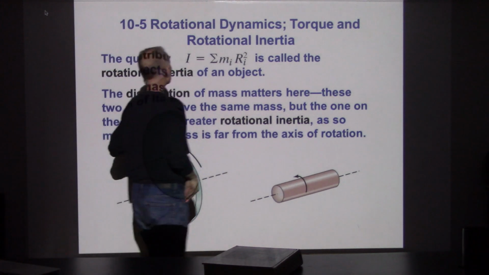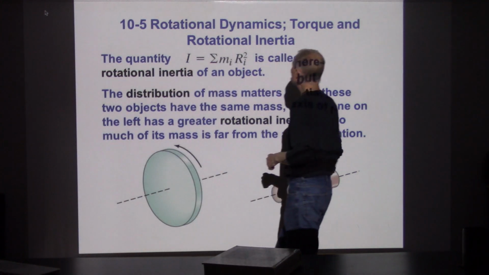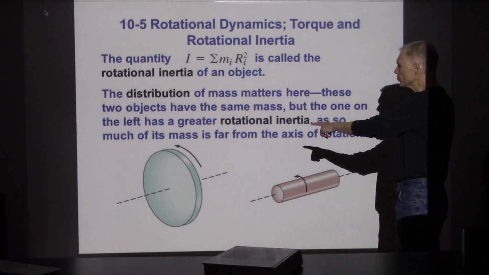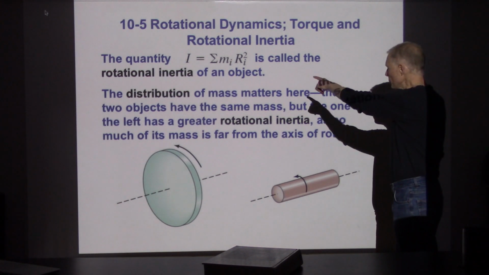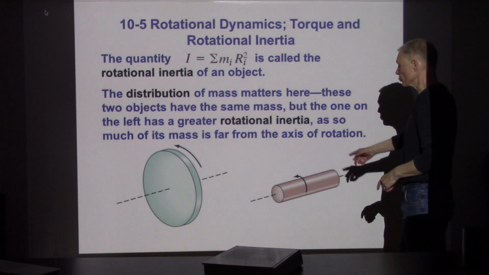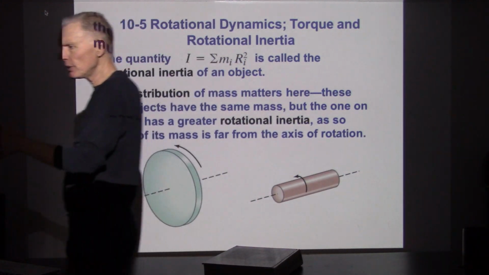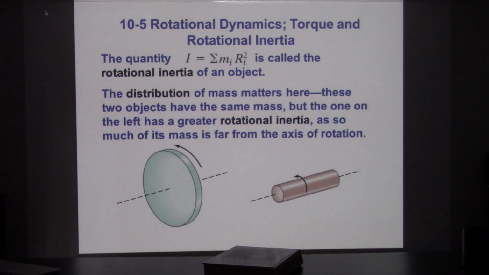Now what we can do is we can take this mr squared, which is called the rotational inertia. What if we want to apply this formula to these cylinders? So I got a couple of cylinders here. They're not individual masses. I'm going to have to do some kind of an integration.